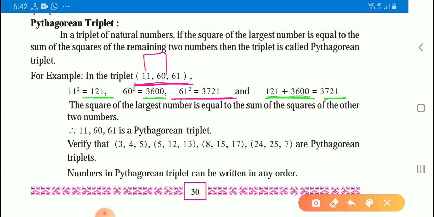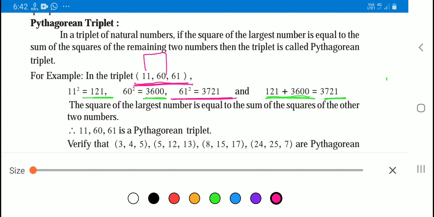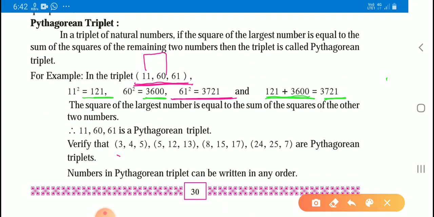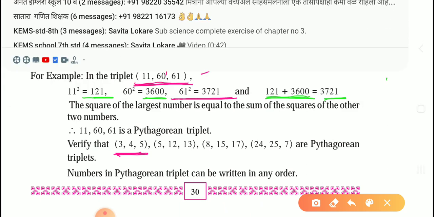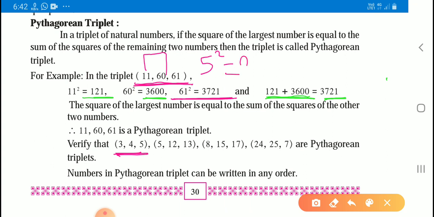Some numbers are given here, and you have to verify whether they are Pythagorean triplets or not. Numbers in a Pythagorean triplet can be written in any order. First example: 3, 4, 5. Which number is greater? 5. The square of 5 is 25.